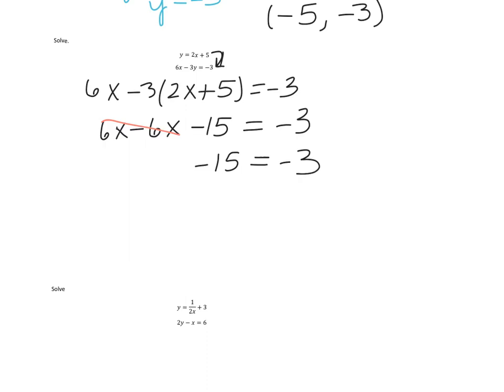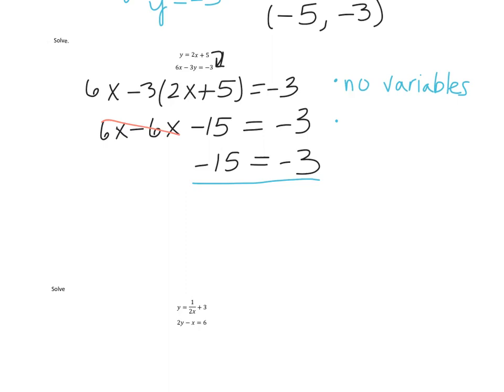All right, so a couple observations. We ran out of variables. So write yourself these notes because when we run out of variables, like we have here, negative 15 equals negative 3, we have two special solutions. We have to check if the statement is true.